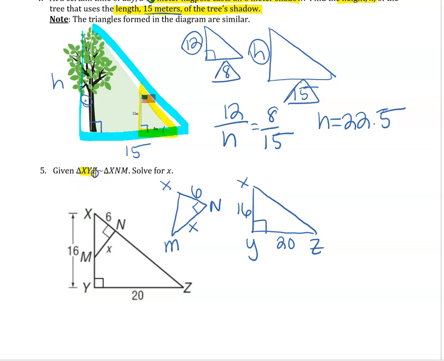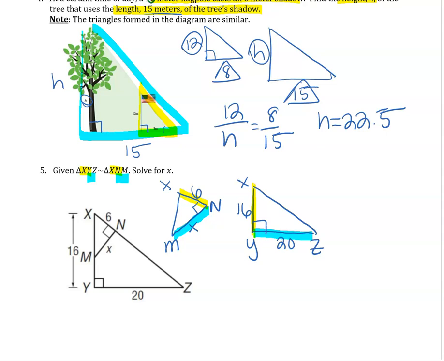All right, now let's go through this correspondence again. They're saying XY corresponds to XN. So let's label that. And then if I pick the next two letters, YZ and NM, and then I really don't have to label the last two because there's really no information there anyway.